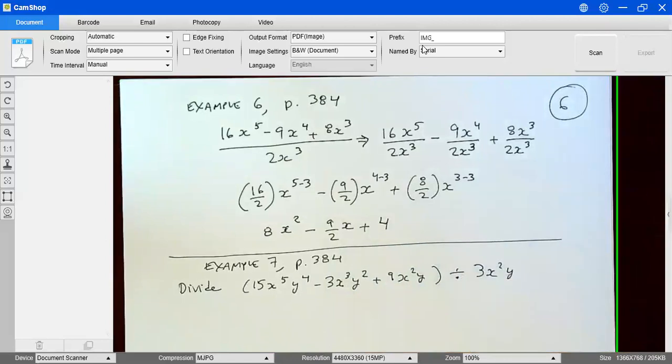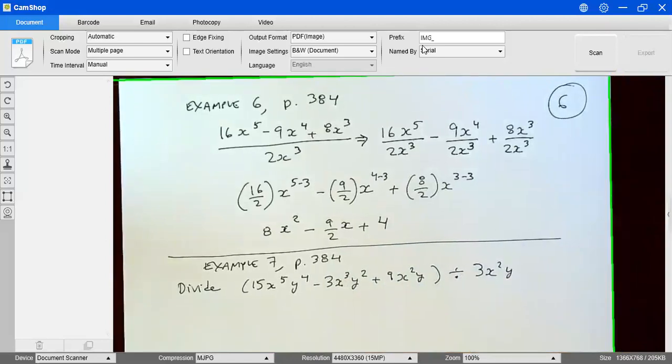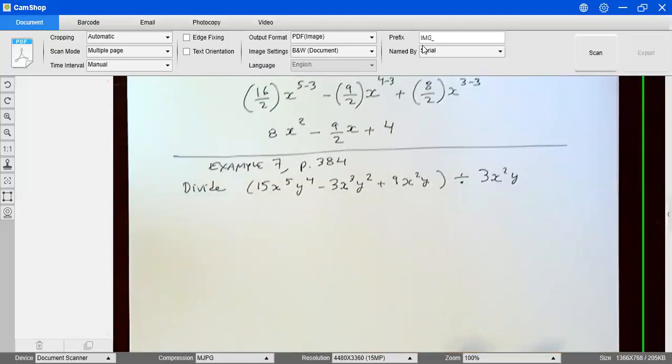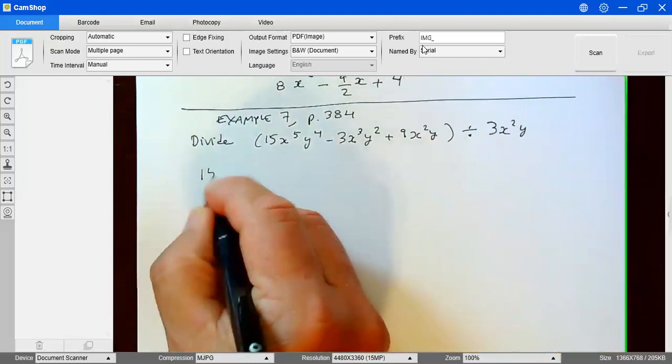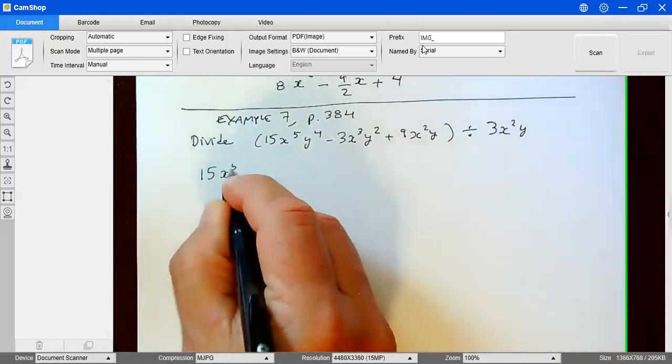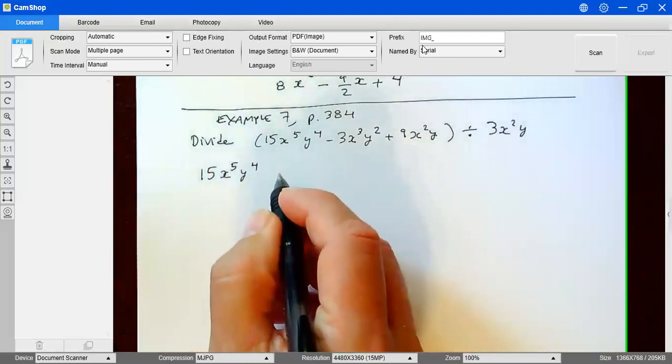So we are dividing a polynomial in 2 variables by a monomial in 2 variables too. So let's write this as a fraction.